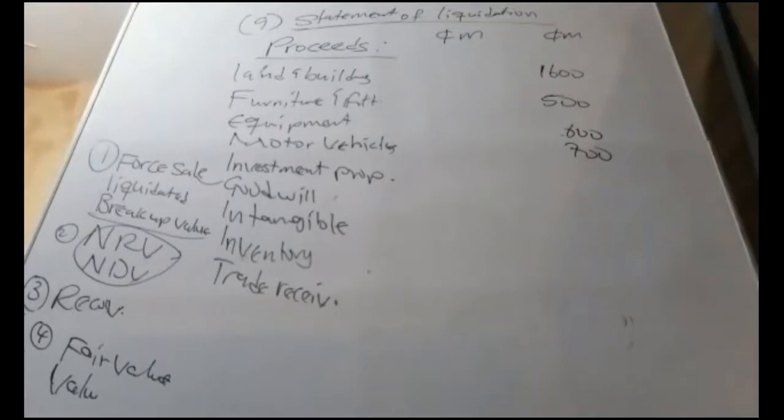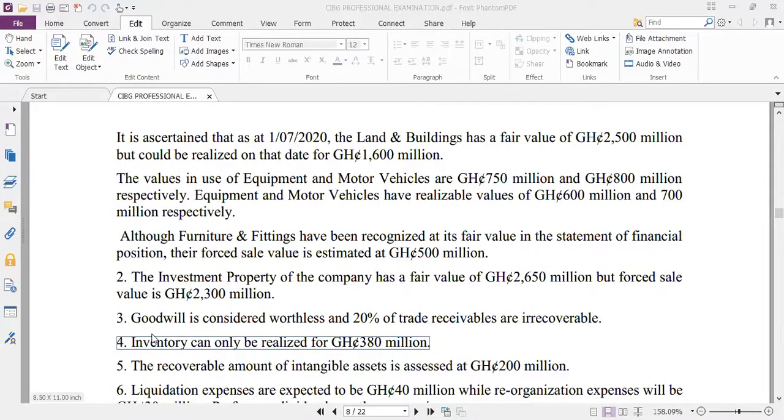Now we are continuing the game. So you see how the game will look like? Very interesting. This one is look and pick. Look for the figure and then select it. The next item on the list is the investment property. They have to tell us. The investment property of the company has a fair value, but the for sale value is 2,300.